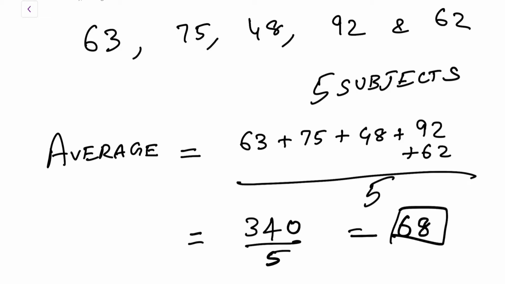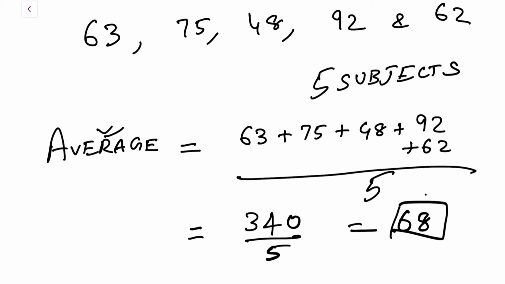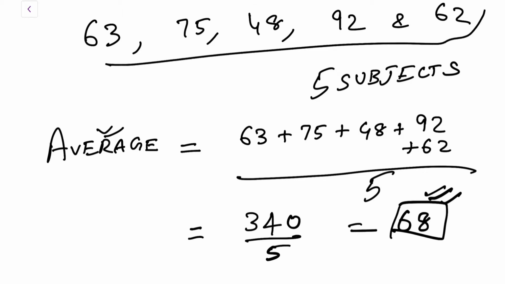So Ramu's average marks is 68. What does this mean? This means that Ramu has roughly or approximately scored 68 marks in each of his 5 subjects. That is what average means.